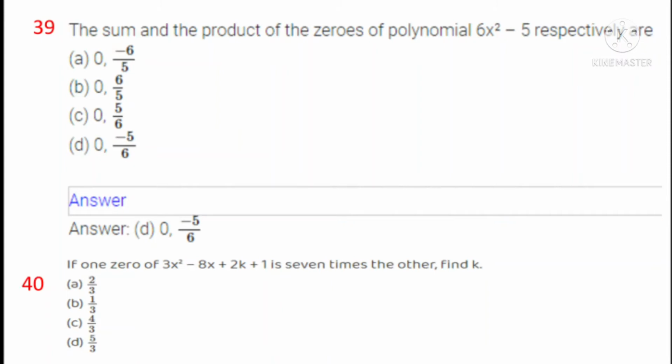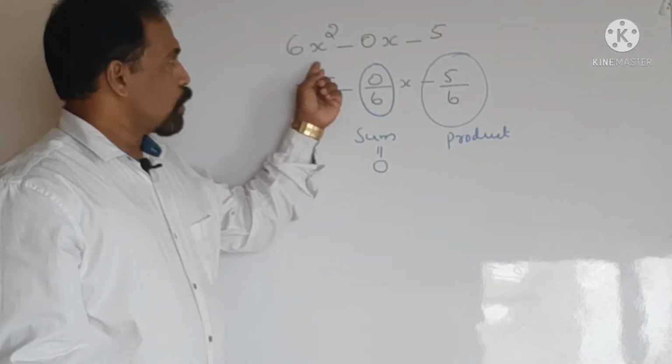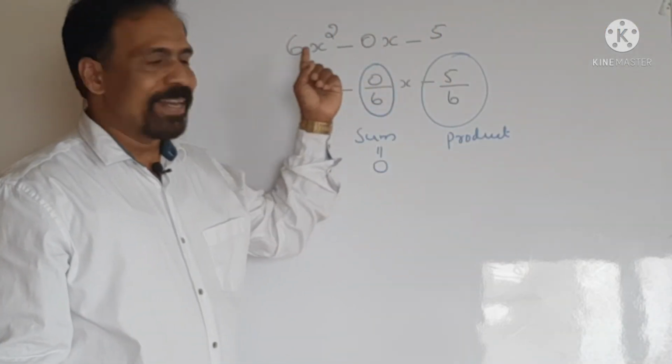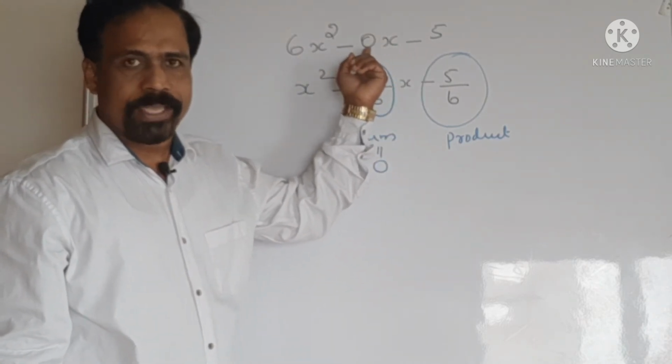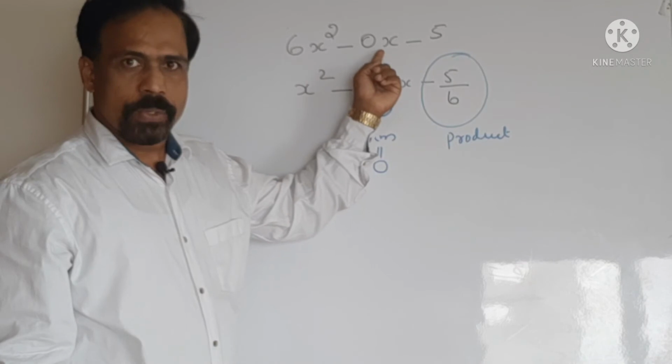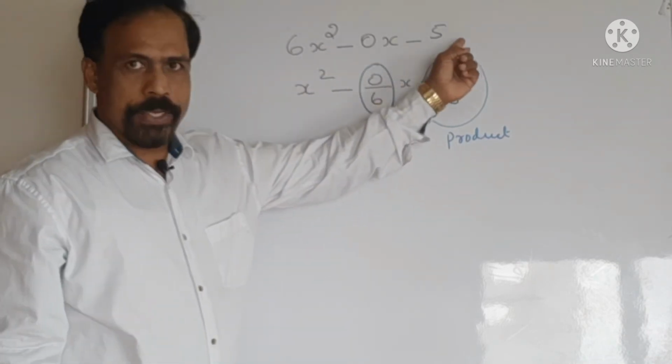Question number 39. The sum and the product of the zeros of the polynomial 6x squared minus 5 respectively are. 4 options are given to us. In this question, 6x squared minus 5 can be written as 6x squared minus 0x minus 5 because the second term is not there. Let us divide this equation by 6.